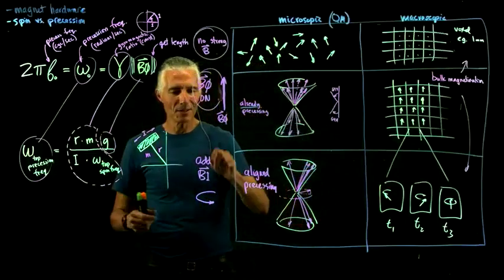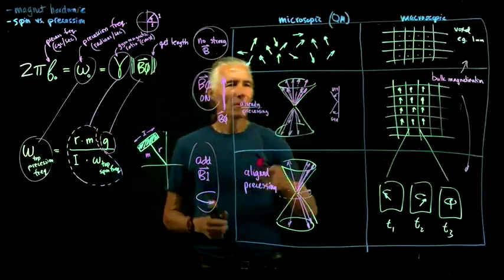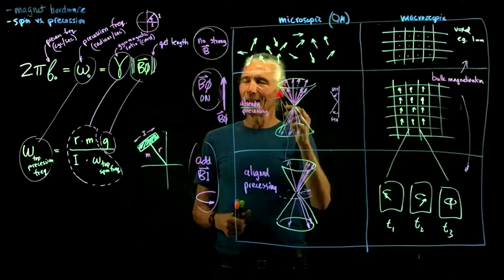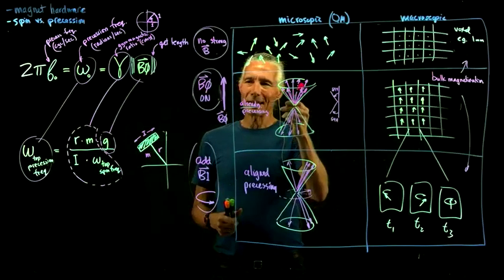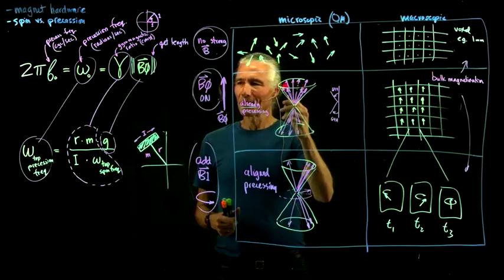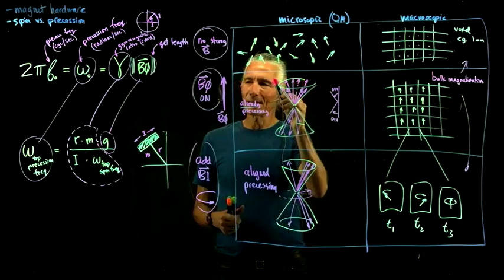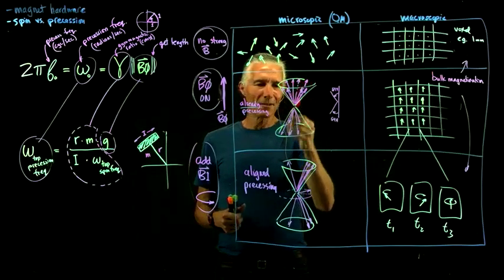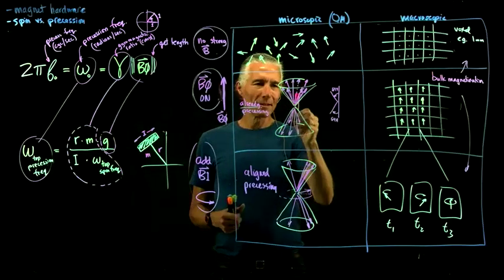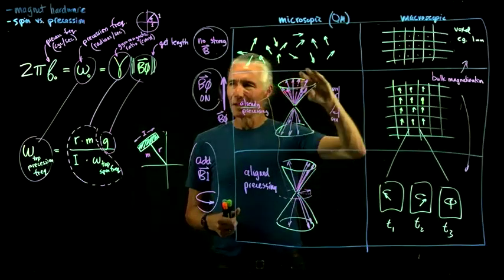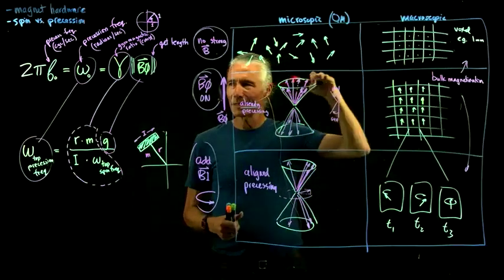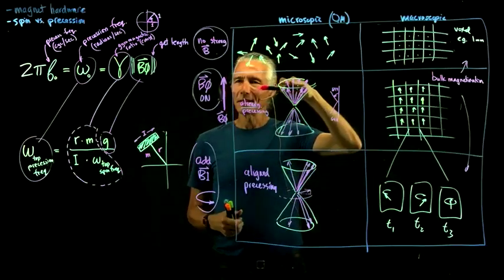Yeah. So what's the difference between these two cases? In this case, they're precessing, but they're all out of sync with each other. If they're all out of sync, you essentially cancel out any difference along these two directions.